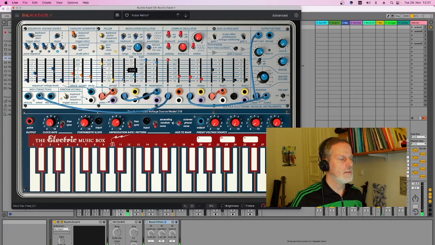Turning this down, you hear all these intricate movements fade away. Turn this down, you almost have no modulation at all. So here to the right, your general modulation of the wave of the modulation oscillator, and here's the modulated frequency.